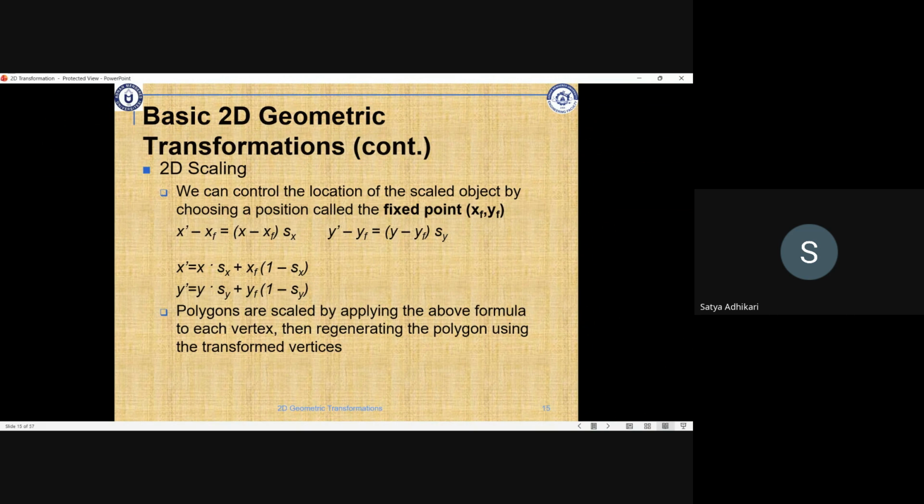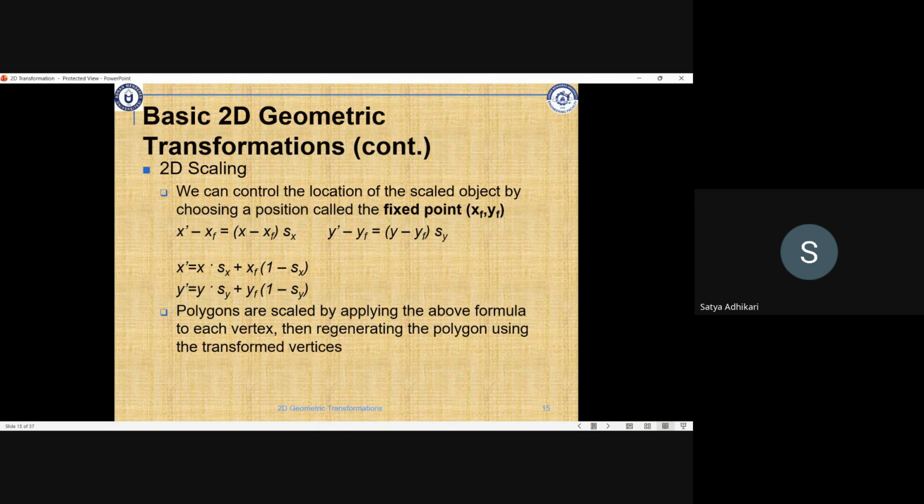So we can also control the location of the scaled object by choosing a position called a fixed point other than the origin. If it is xf and yf, suppose we want to scale the object with respect to another fixed point. So here x dash equal to x into sx plus xf into 1 minus sx, and y dash equal to y into sy plus yf into 1 minus sy.